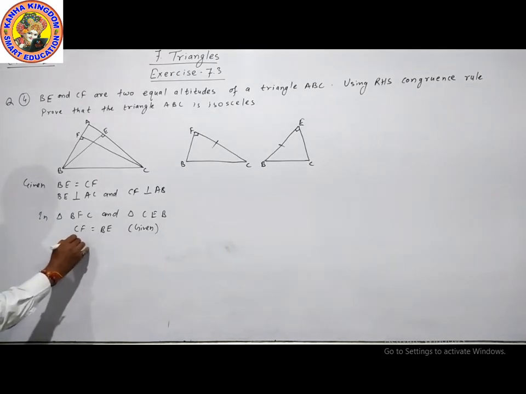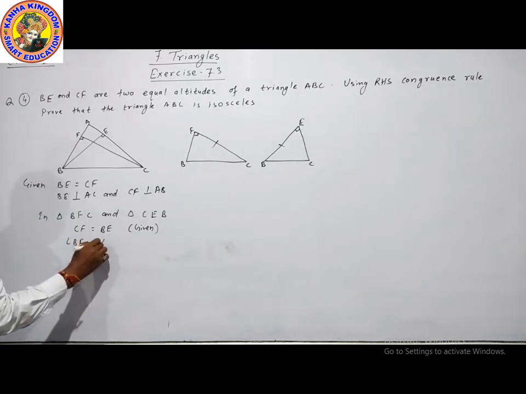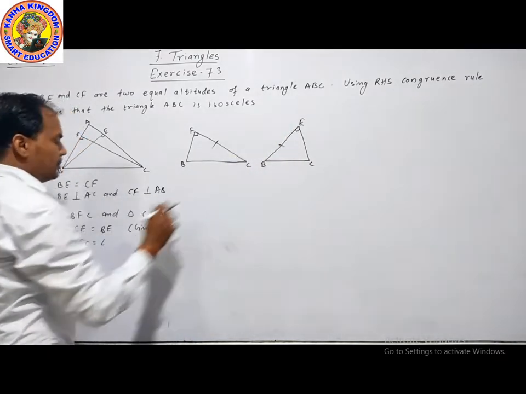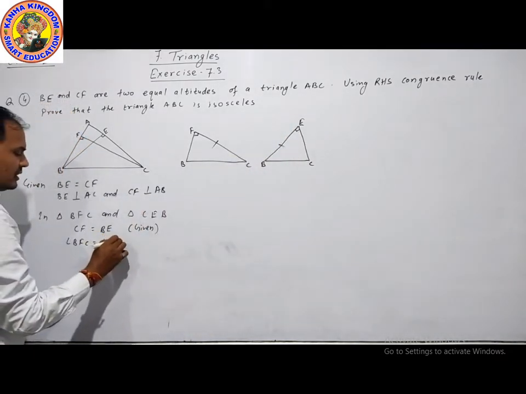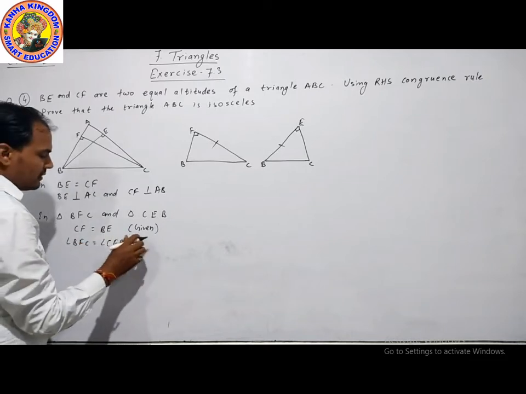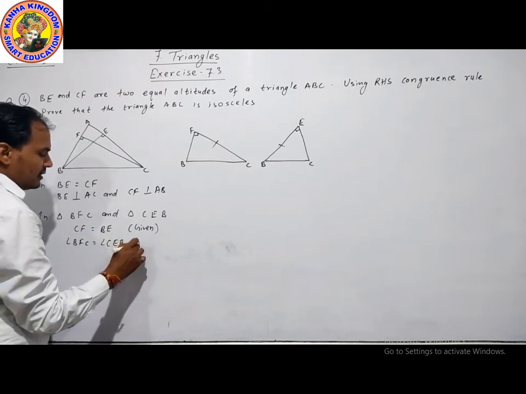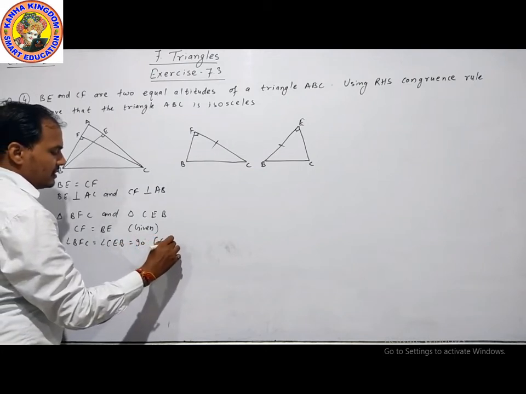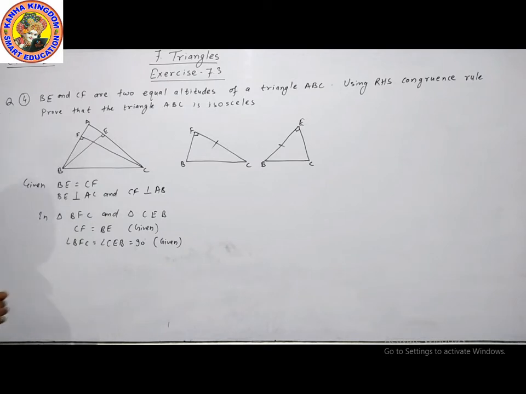Angle BFC is equal to angle CEB. These two angles are equal, 90 degrees, which is given in our question.